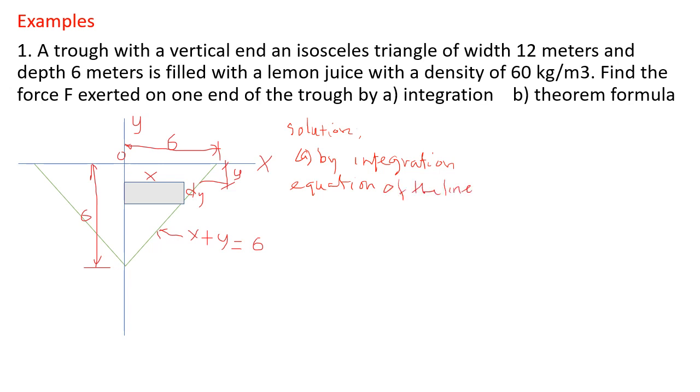The line is x plus y equals 6. So your W equals 60 kilograms per cubic meter. So your x equals 6 minus y.